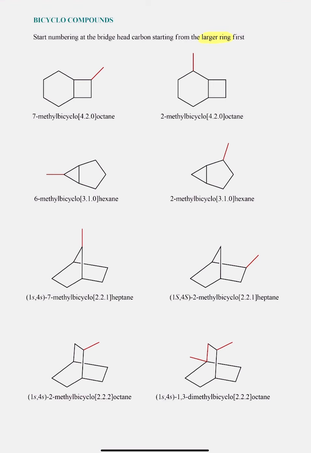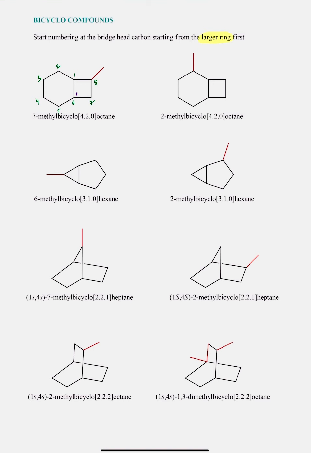Now the next thing to think about is the lowest sum rule. That is done according to the different situations we have. Let me explain. In the first structure, I start numbering from one of the bridgeheads and then proceed to the larger ring, and then I come to the smaller ring and finish numbering. In this way I got 8 for the substituent. There is one more bridgehead at the bottom.